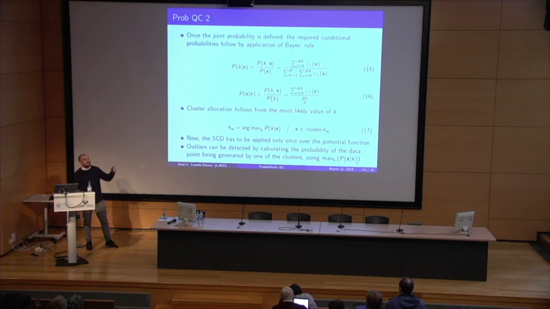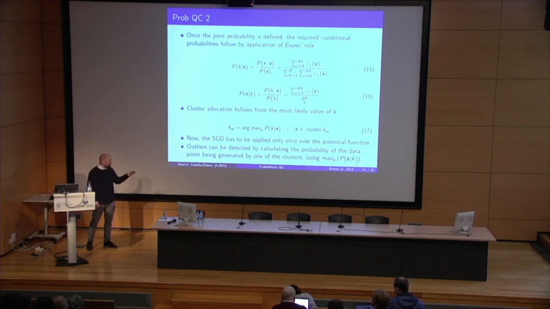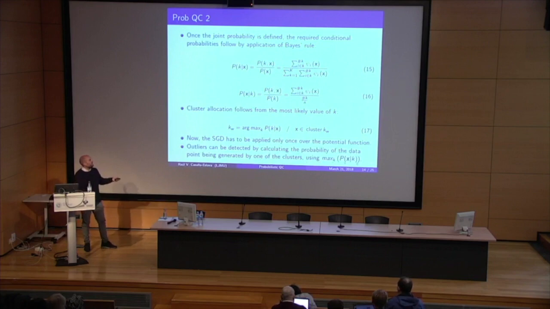Instead of applying the gradient descent again as we did at the beginning, because we have a probabilistic model, the new observations in our input space are just assigned to the maximum probability. So we speed up a lot because we avoid the stochastic gradient descent.